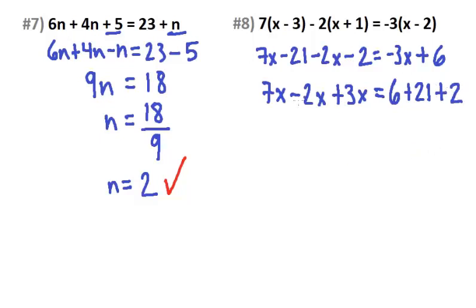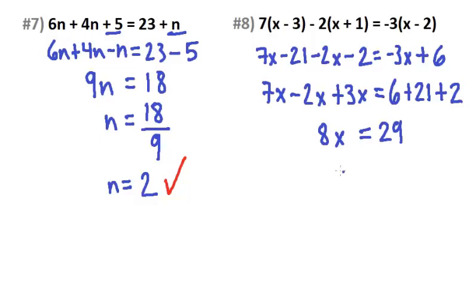Now that I have letters on the left side and numbers on the right side, I can do the operations. 7 minus 2, 5, plus 3, 8, and I copy the letter x. Equal. 6 plus 21, 27. 27 plus 2, 29. How do I get rid of the 8? Well, I pass it to divide because it's right next to a number, it's multiplying.